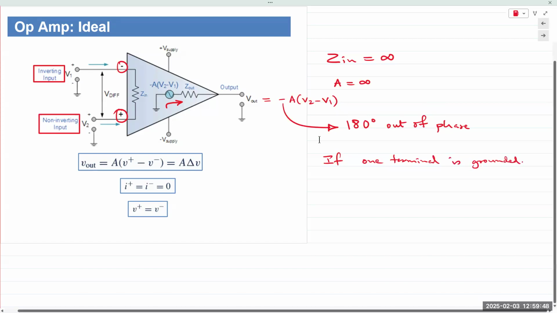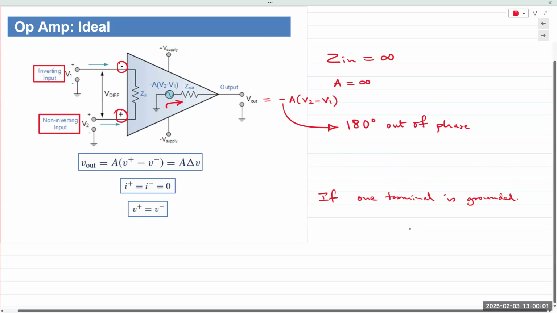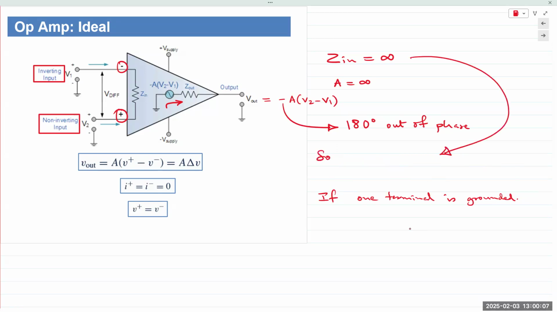Actually, let's first type out Zin is infinity. I is equal to 0.